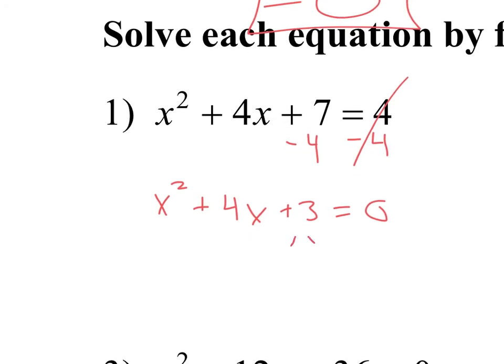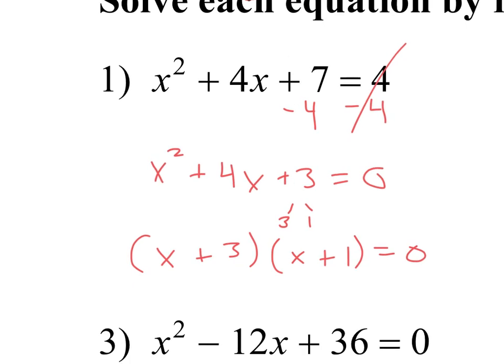So now what are two factors of 3 that add to 4? 3 and 1. So we have x plus 3 and x plus 1 is equal to 0. What do we do next? Separate them.